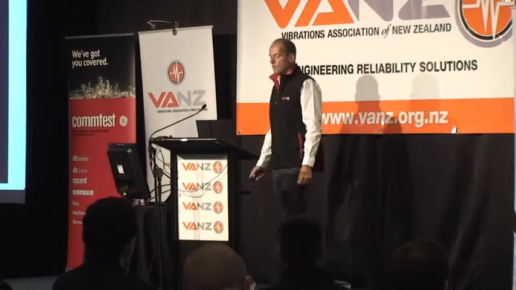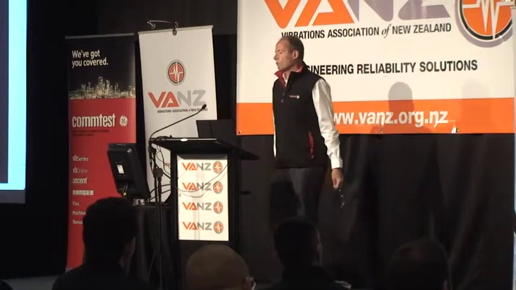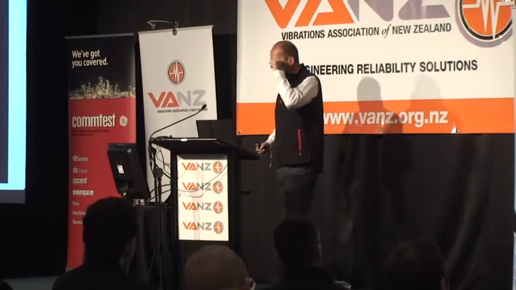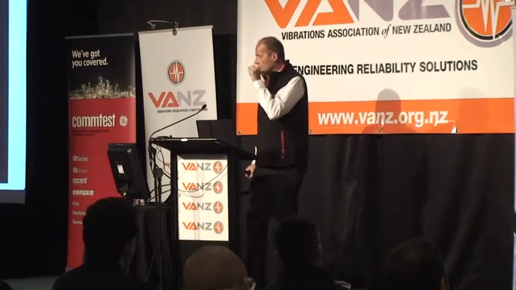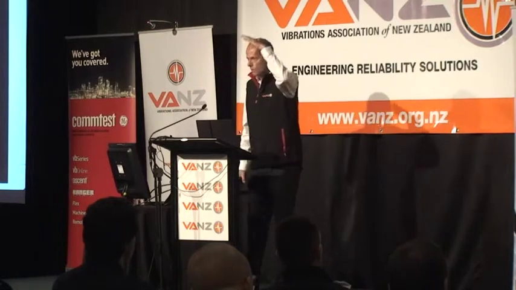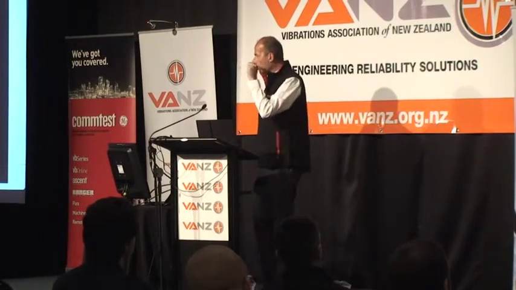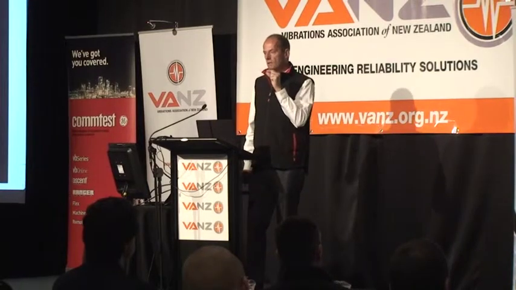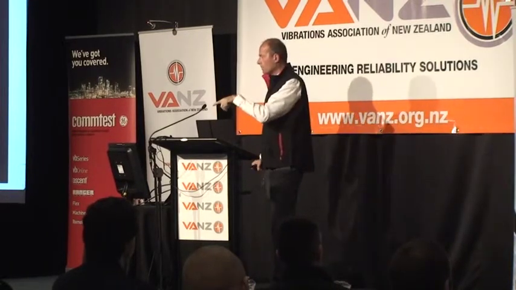Really important. One of the issues with rolling element bearings and gears is that the clearances that we're talking about, between the rolling element itself and the raceway, is less than 1 micron, less than a millionth of a metre. There's an awful lot happening way down there.